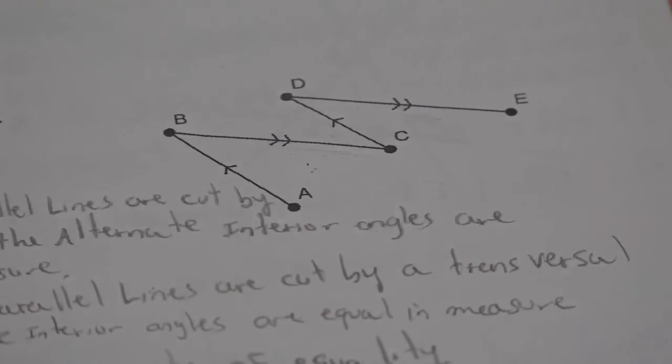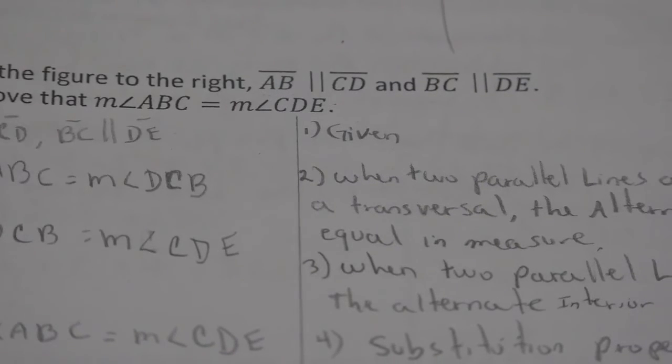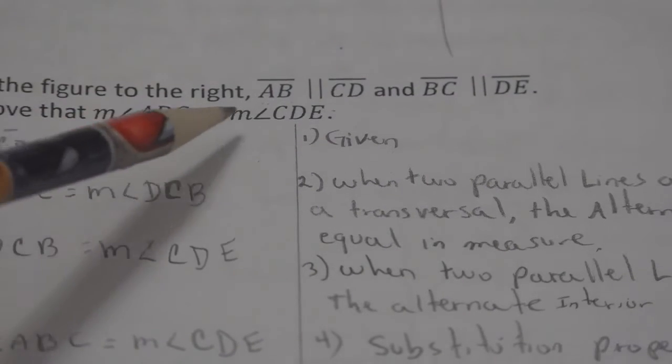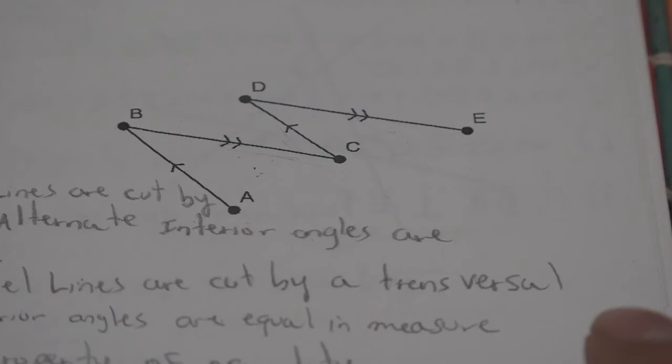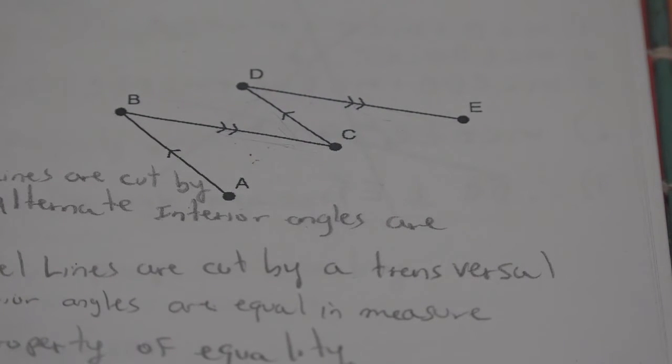All right. Now, they want me to prove that angle ABC is congruent to angle CDE. They want me to prove that angle ABC, let me see if I have a color here so I can mark it. No color. Oh, wow. Who cares about color then?